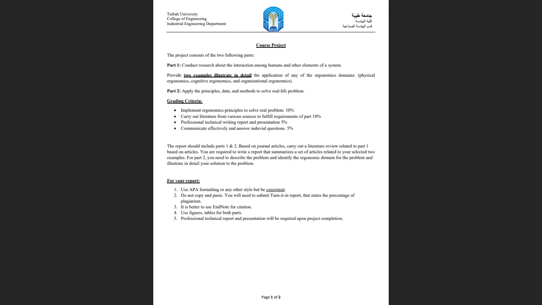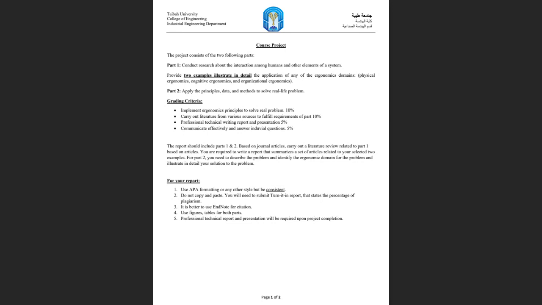Select a problem from your home, your office, from your field training if you have taken trainings before, from a restaurant, from a workshop, company, even in the public, from the university. You can select the problem case and analyze this case and provide us with a solution to that case.